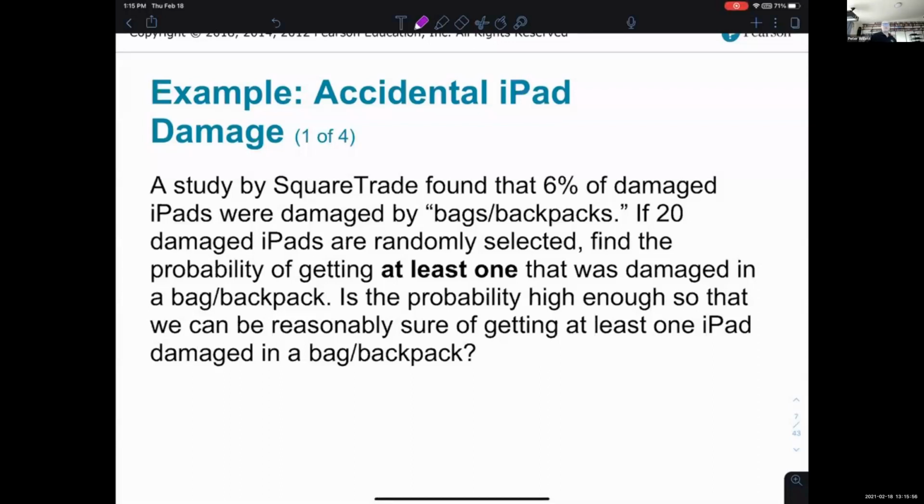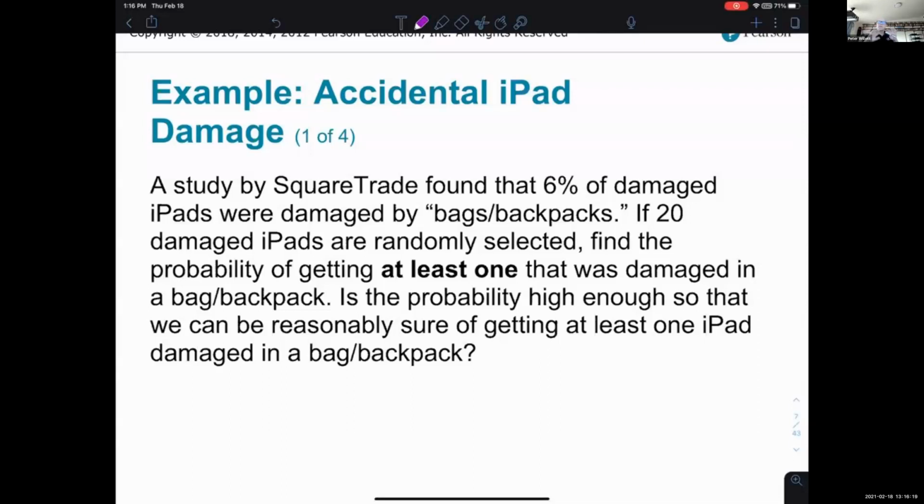So some of the things to think about, and then the slides I'm sure will show us, that if I'm trying to get the probability of getting at least one, that's the chance that 1 out of the 20 or more were damaged in a bag or backpack. So that could be 1 or 2 or 3 or 4 or 5 or all the way up to all 20.